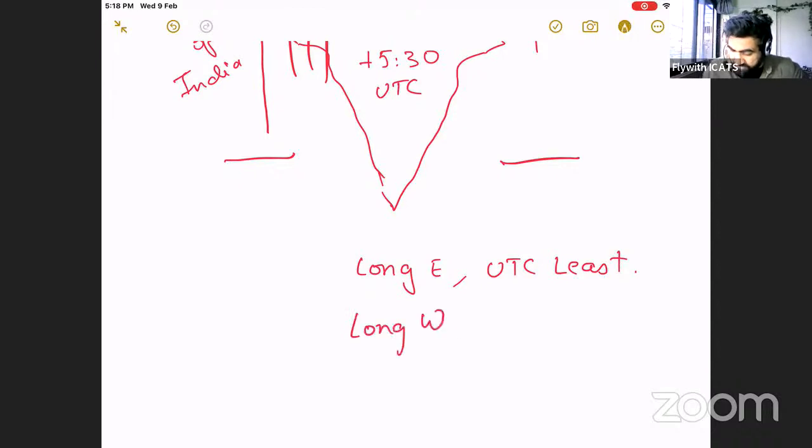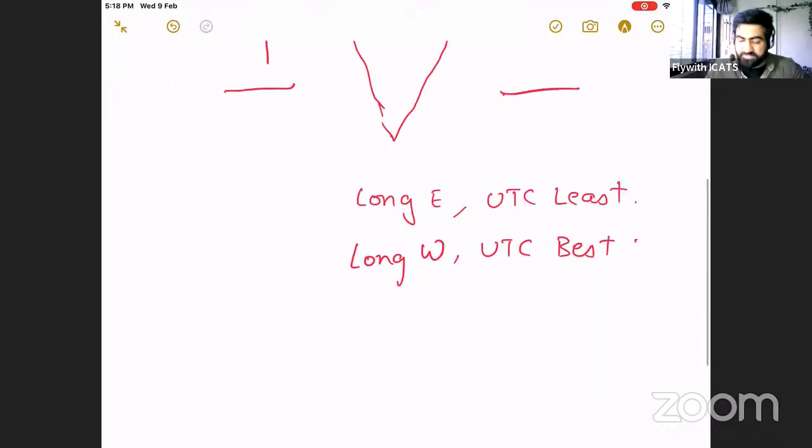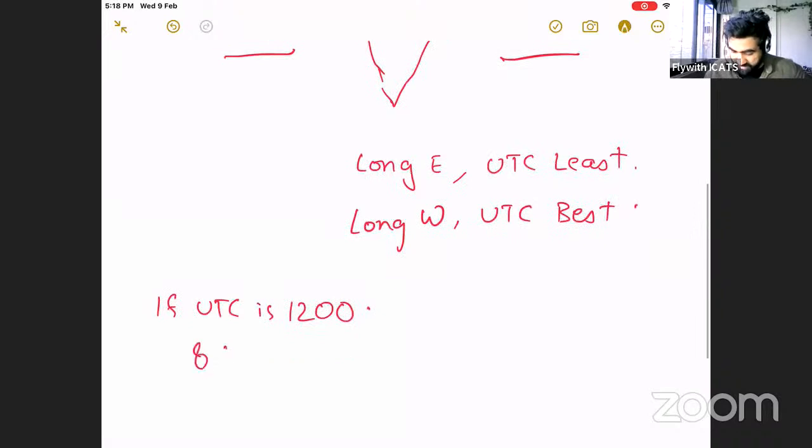Then you have longitude west, UTC west. What does it mean, students? A simple calculation here. If UTC is 1200, then LMT at India.